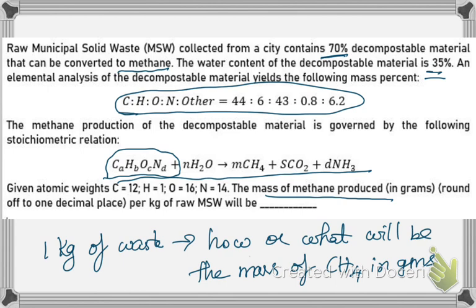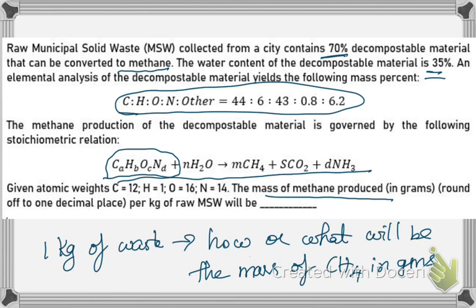So I have to get the value of A, B, C and D. A is going to represent the mole of carbon, B the mole of hydrogen, C the mole of oxygen, and D the mole of nitrogen. So I am going to determine the values for A, B, C and D.